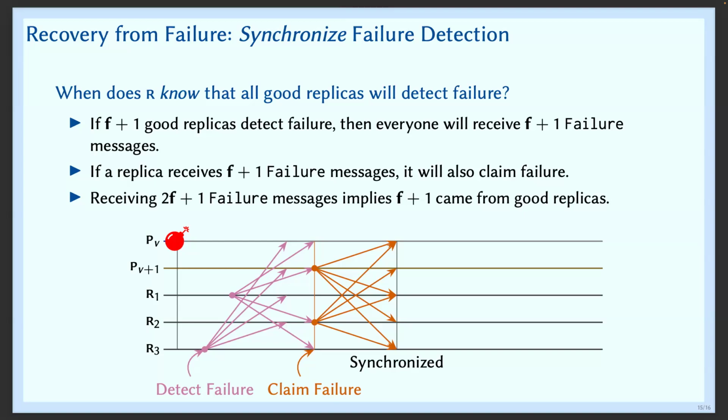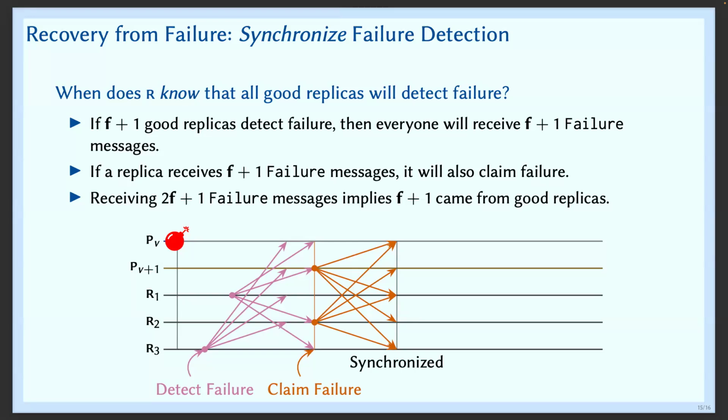But at that point, you're supposed to wait, so it puts a timer, and it waits for this one to respond. And if it doesn't, it goes to another primary.